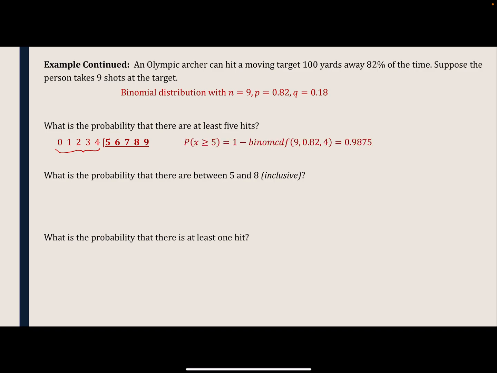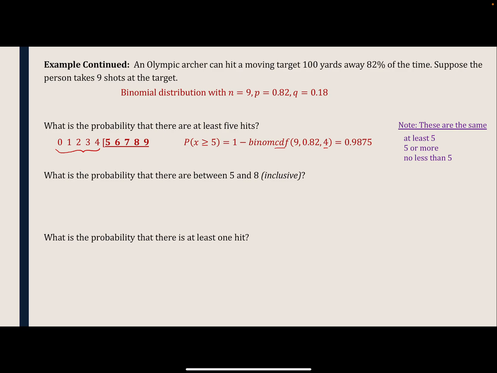So we're going to do 1 minus the binomial CDF command using 4, since we want to subtract off the 4 or less. Other ways of saying at least 5, we could say 5 or more, or we could say no less than 5. These wordings will give us the exact same scenario as this one, and we would use the exact same command.